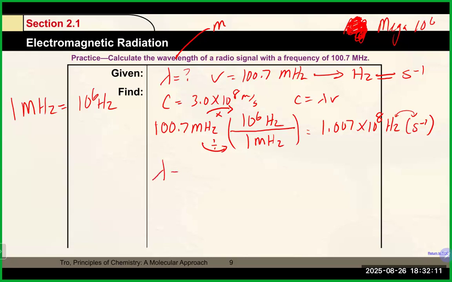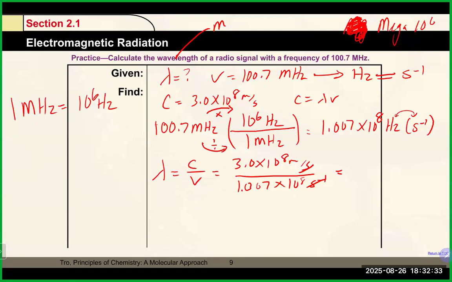I'm going to solve for the wavelength, which is c divided by the frequency. We'll go 3.0 times 10 to the 8 meters per second divided by the number I just calculated, in units of reciprocal seconds. That way our seconds cancel out and leave us with meters, which is good because that's what we're looking for.